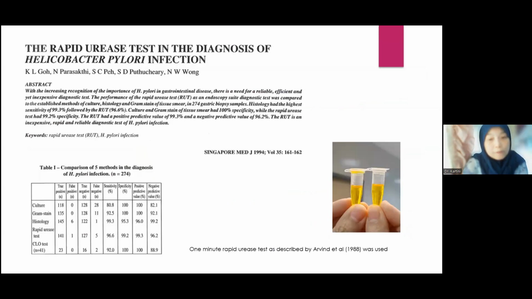So in 1994, the current rapid test that we had was already validated at that time, based on a 1-minute rapid urease test that was described by Arvin et al. in 1988.